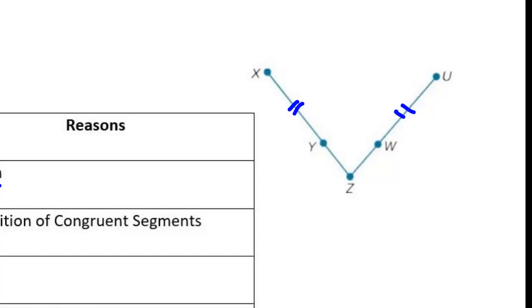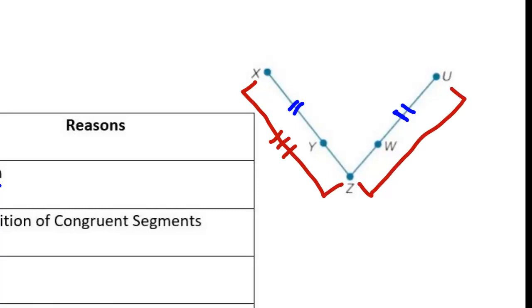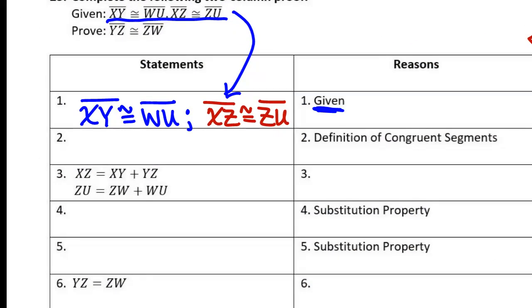XY is congruent to WU, and XZ, this whole big long thing here, is congruent to ZU. Well, if I know that segments are congruent, because of the definition of congruent segments, what can I say about those segments?